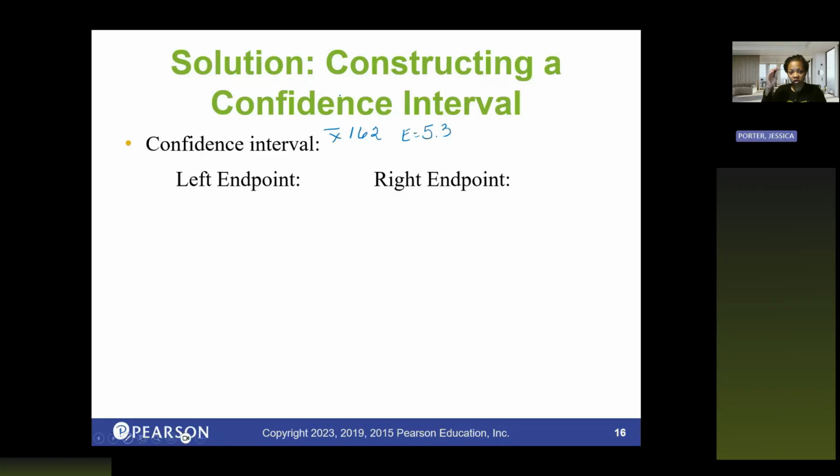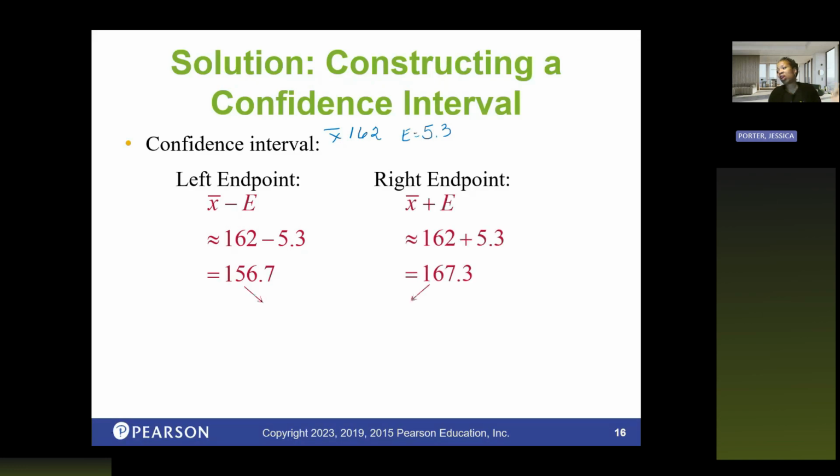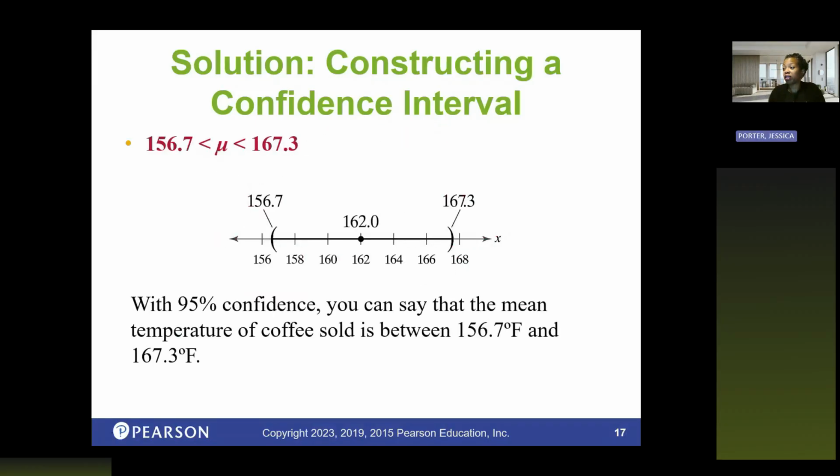So remember, we're going to subtract and add our margin of error from the mean. So for the left endpoint, we get 156.7, and for the right endpoint, we get 167.3. What does this mean? We are 95% confident that the mean temperature of coffee sold is between 156.7 and 167.3.